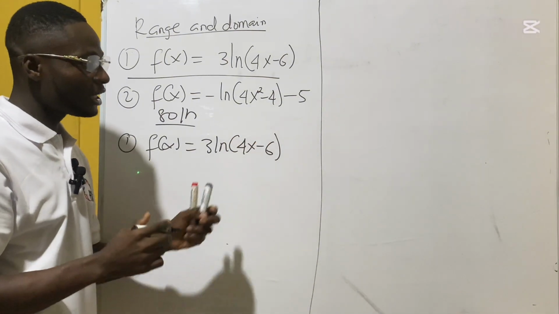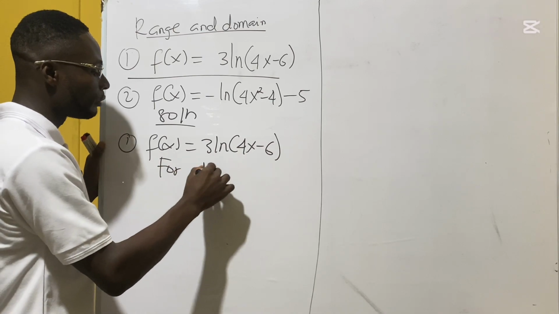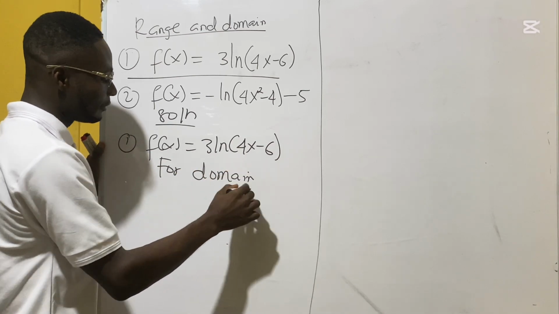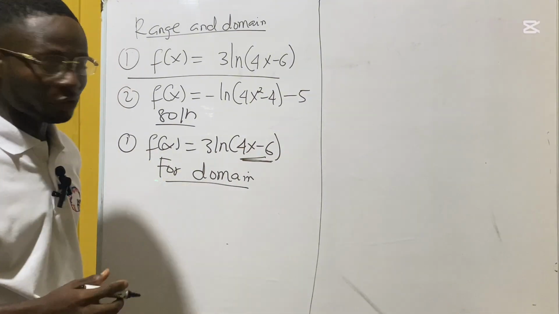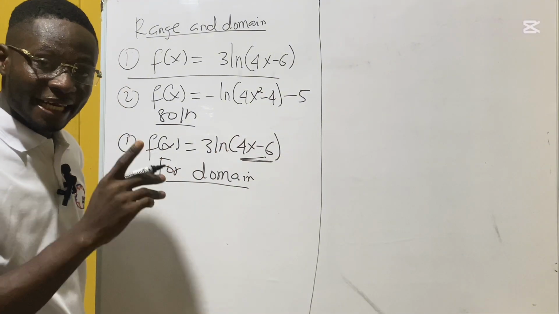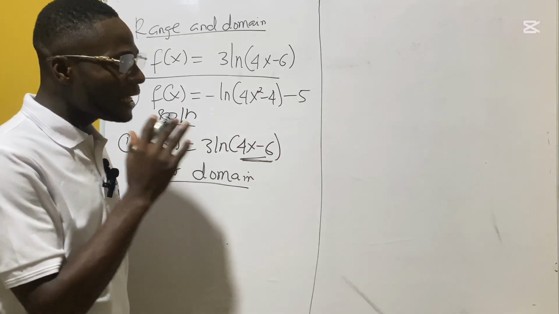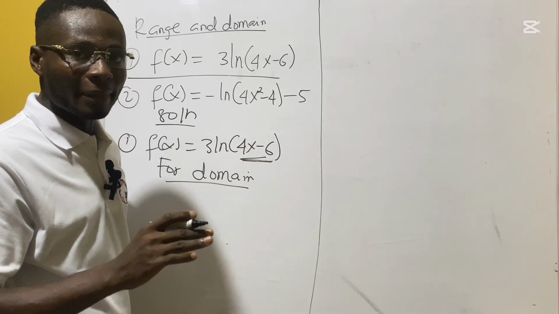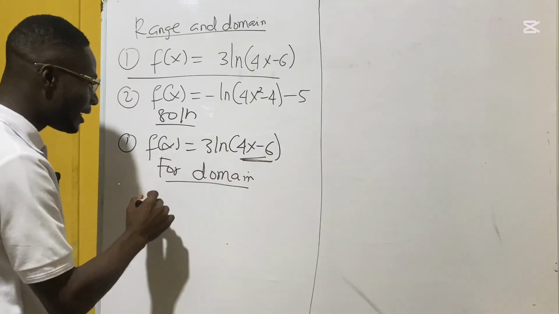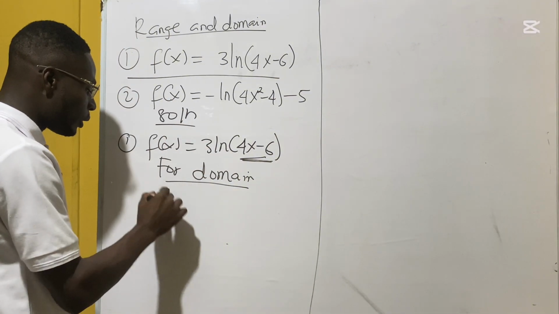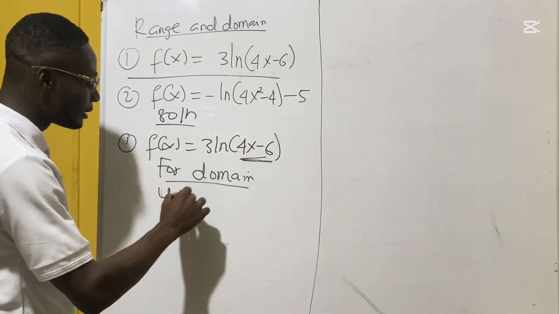First, when you want to find the domain, you know that ln doesn't take any number less than 0. So ln only takes positive numbers greater than 0. We can say that any expression inside the ln should be greater than 0.